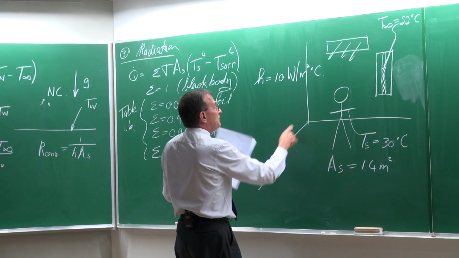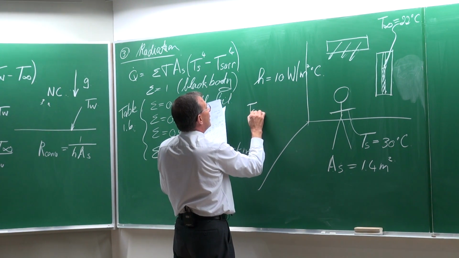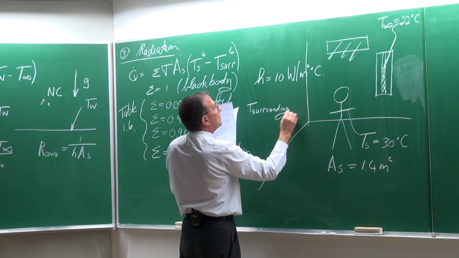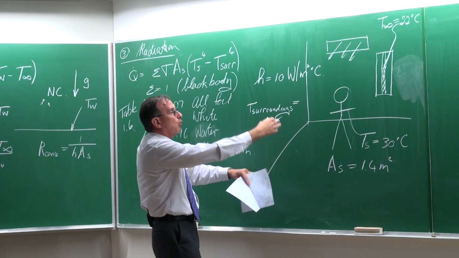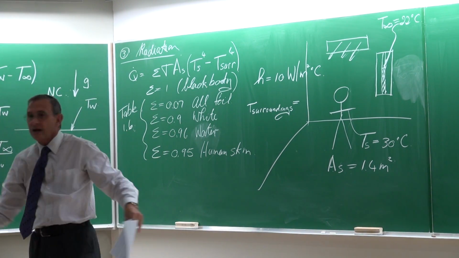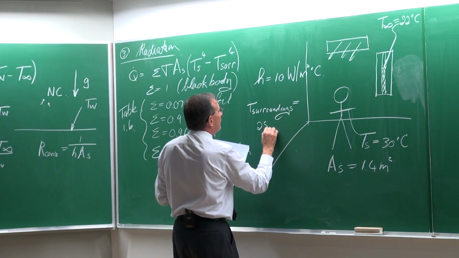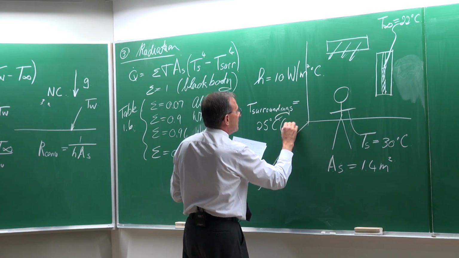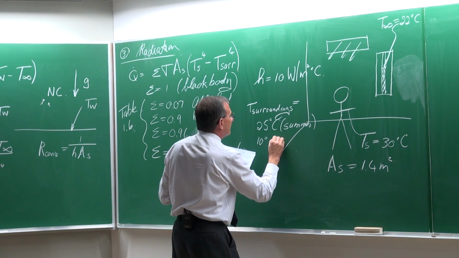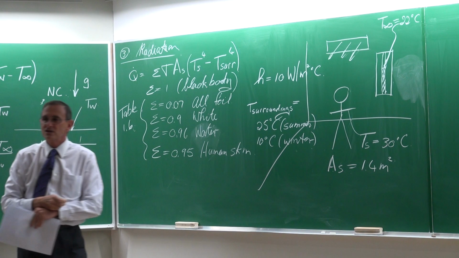However, there is one difference, and that is the average temperature of your surroundings, that is, the temperature of the walls, your bed, and everything that is in your room, all around you. That surroundings temperature can be 25 degrees in summer or 10 degrees in winter. Those are the two different scenarios.